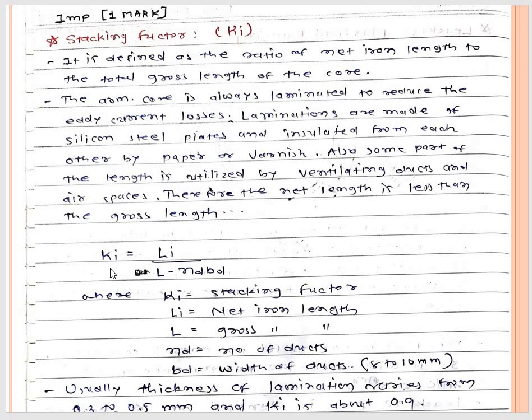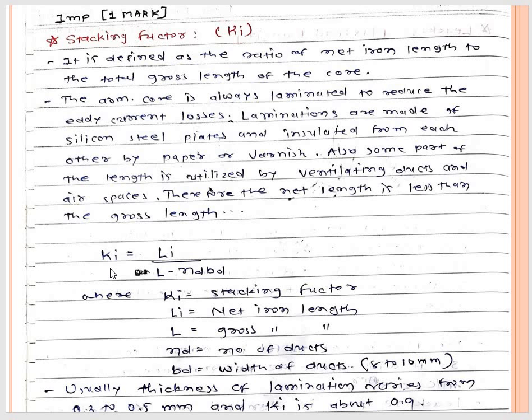The width of ducts may vary from 8 to 10 mm. Usually the thickness of the laminations varies from 0.3 to 0.5 mm, and the value of Ki is about 0.9.